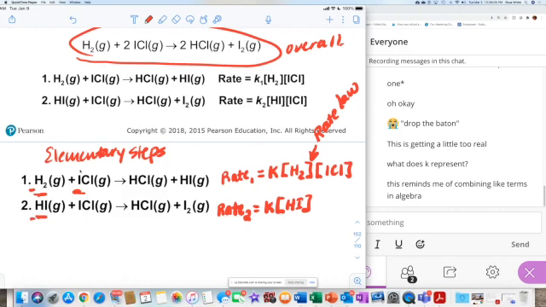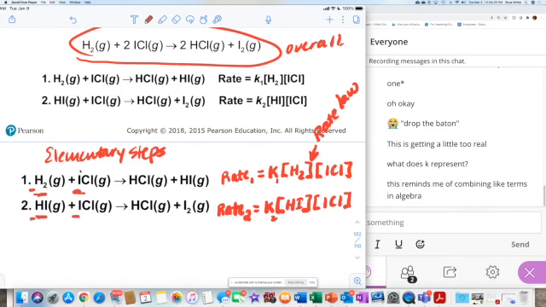There's no coefficient here, so the 1 is implied. And over here, I have ICl, and this is the second one. Also, coefficient is 1. Now they put K1 here, K2 here. So we got that, right? I have my rate laws for my elementary steps.